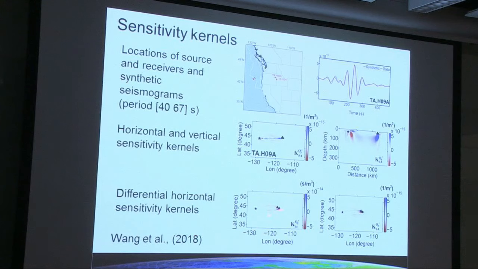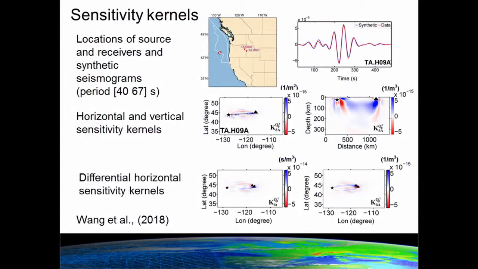The differential sensitivity kernels are not fully cancelled out in the far zone, indicating the 3D heterogeneities along the way, as well as the difference between the 1D ray-based sensitivity kernels and the 3D finite frequency-based sensitivity kernels.